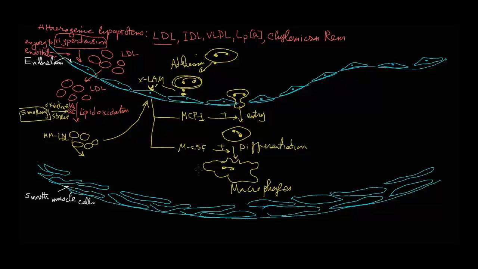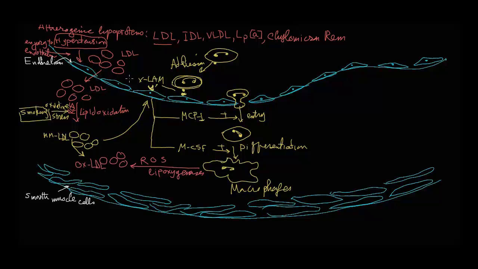Then further oxidation of the minimally modified LDL takes place by reactive oxygen species derived from macrophages together with lipoxygenases of the macrophages. So this augments the oxidation of LDL, and now we have more oxidized LDL. We call them OX-LDL.